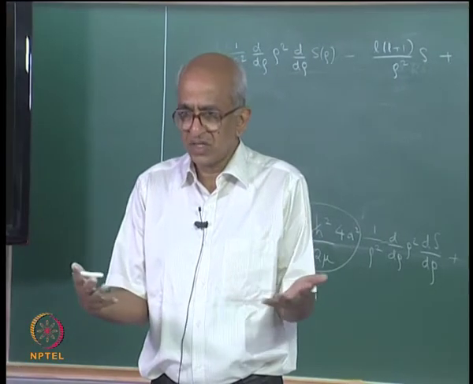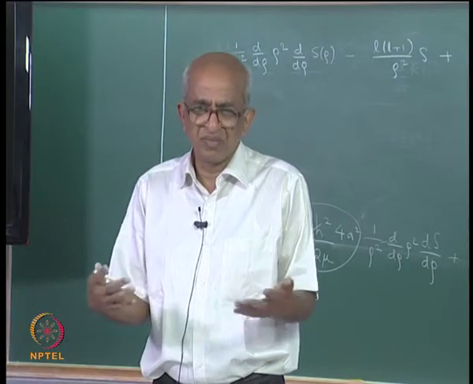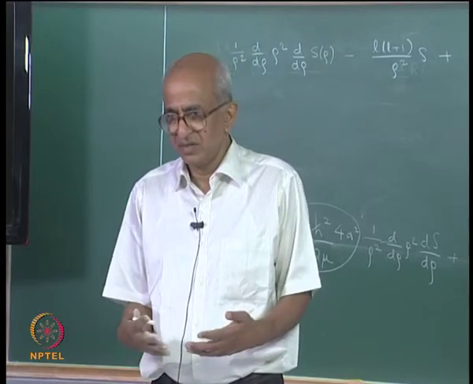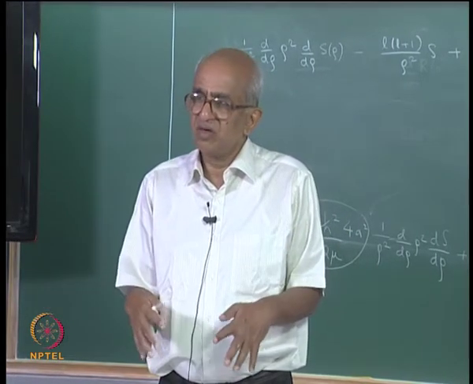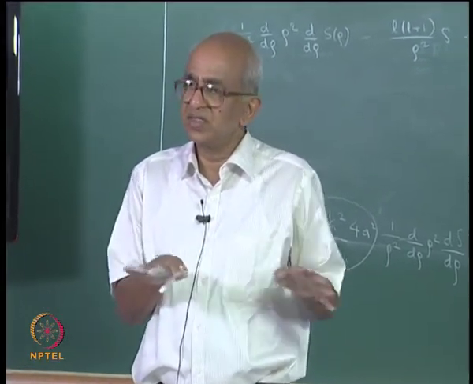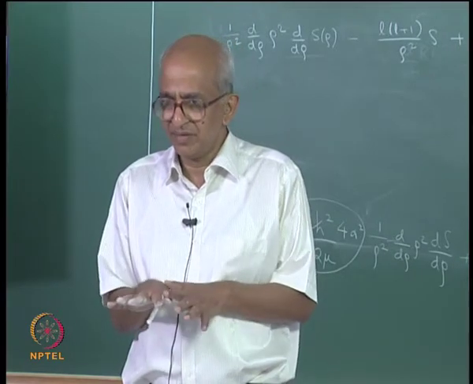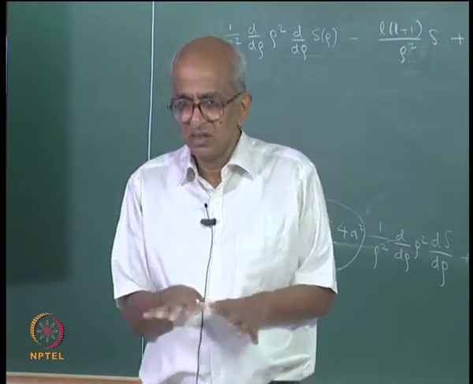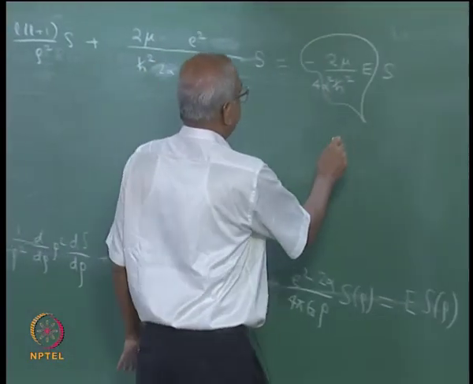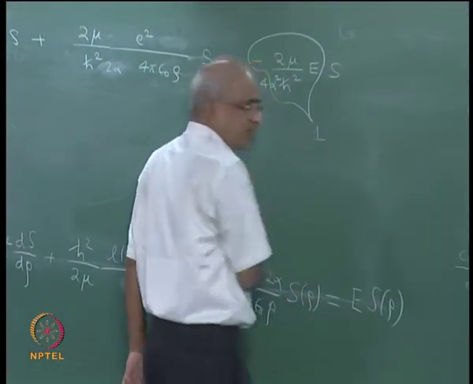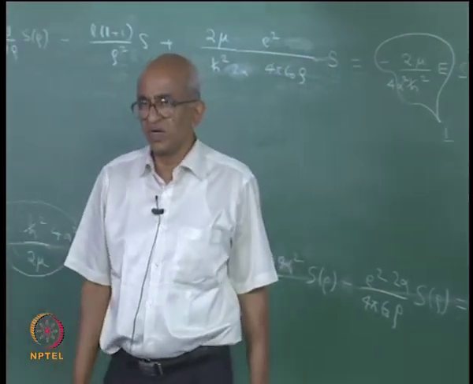See, I have introduced a parameter alpha, and I want to define it. I can define it in any fashion that I like, but what I want is to define it in such a fashion that the equation looks very simple. So, therefore, I am going to define this to be equal to 1. I can always define alpha in such a fashion that this is equal to 1.